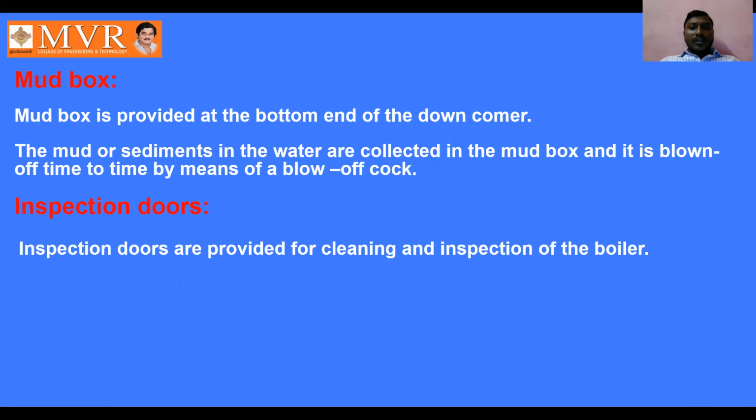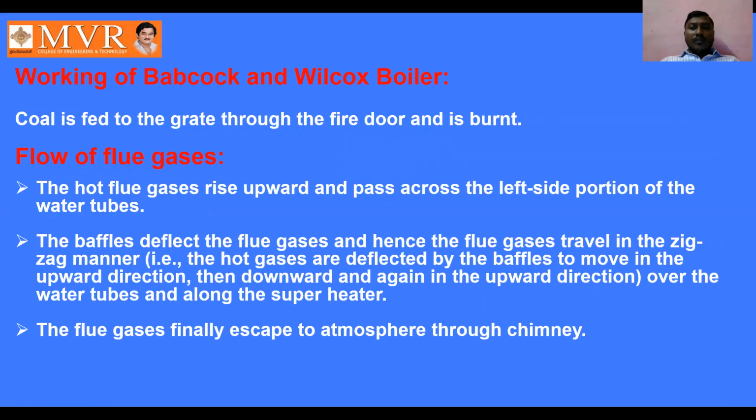Inspection doors are there in the diagram, which we can observe. By opening these doors, we can enter into the boiler for cleaning and inspection purposes. See the working of the Babcock and Wilcox boiler.